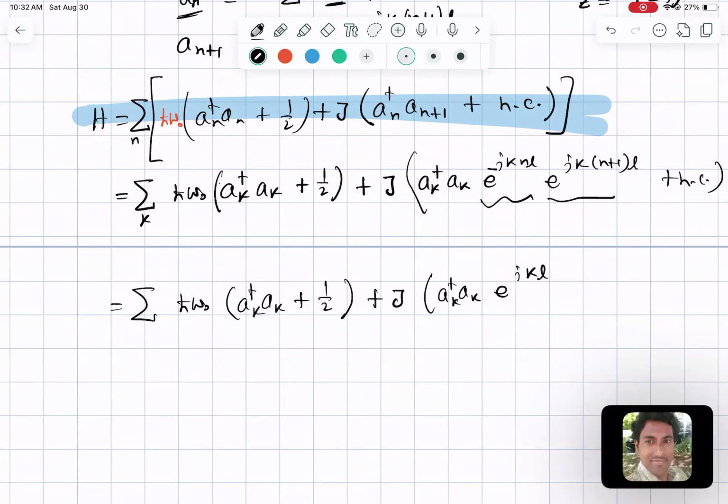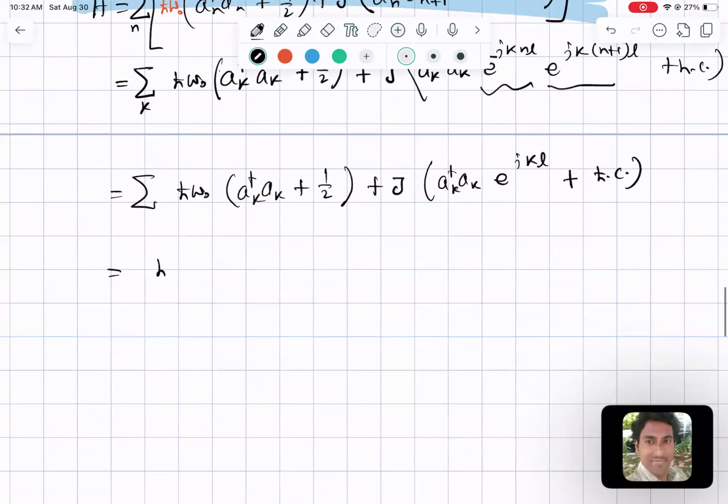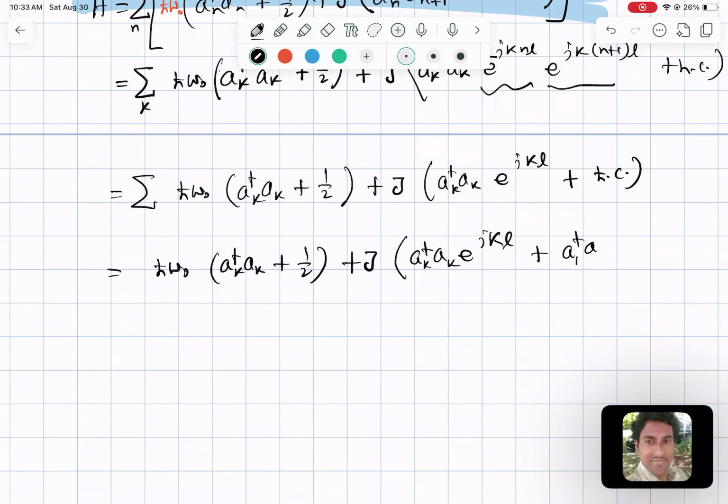Does it make sense? Yes, sir. And it's the Hermitian conjugate, HC. So next term is h bar omega naught, a dagger a in K space plus a half, plus J, the interaction, a dagger a, e to the power i K L, plus a dagger a in K space e to the power minus i K L, because the Hermitian conjugate would give you that minus sign.